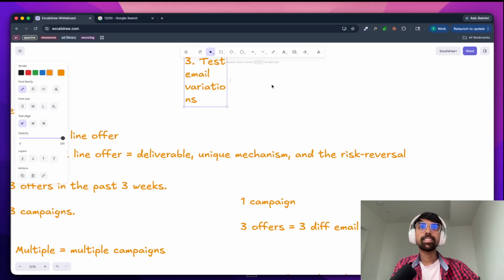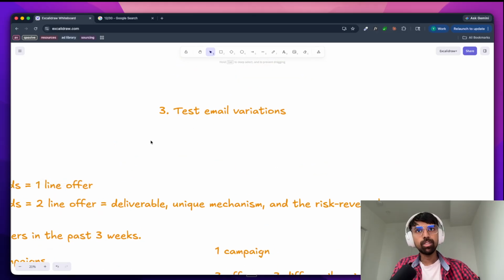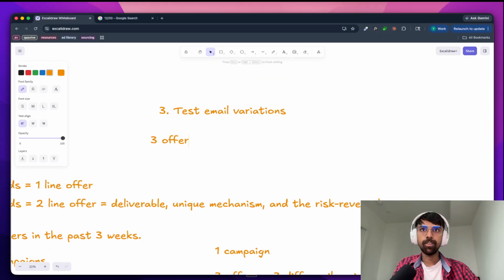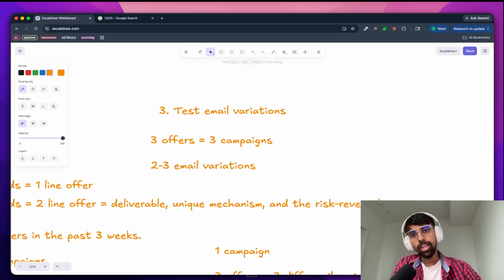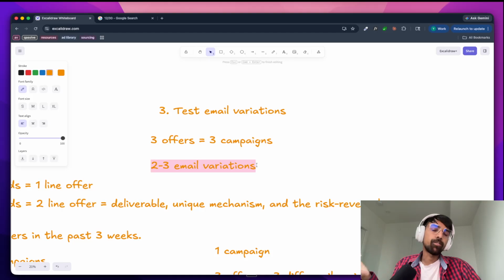The second thing is essentially testing email variations. So now that you know that we have constructed three offers, meaning three campaigns, right? For all of these three campaigns, you want to have at least 2 to 3 different email variations. Two to three different email variations will give you enough data on what kind of copy for each offer is working.